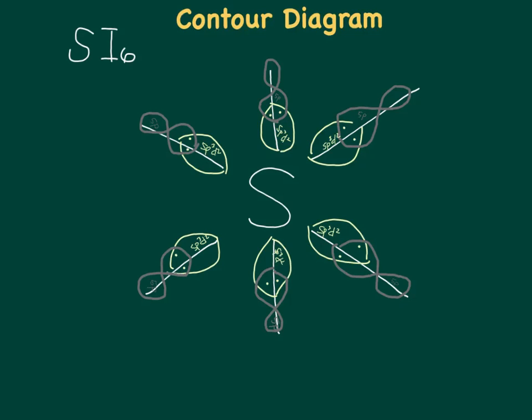So here we have our 5p, 6, each representing an iodine bonding with the sp3d2.